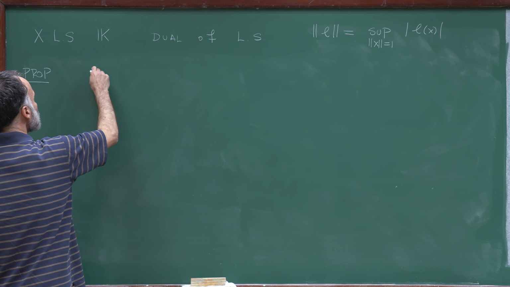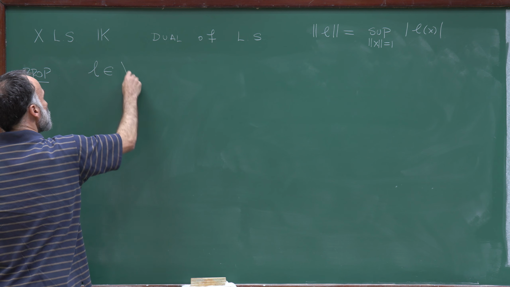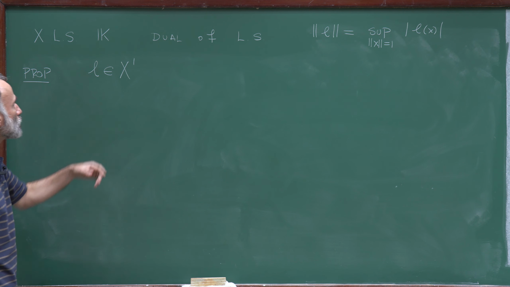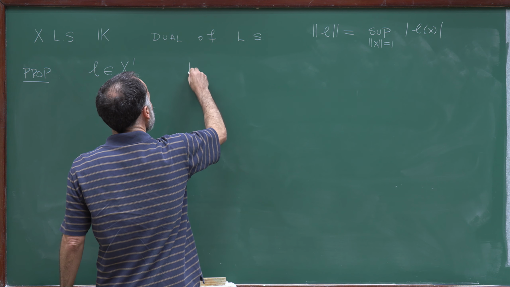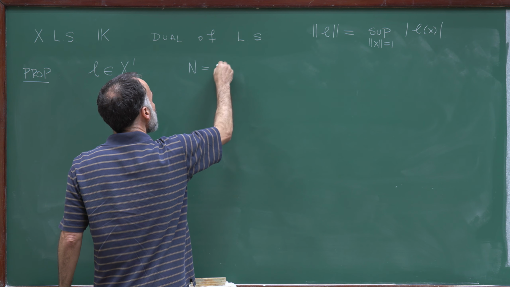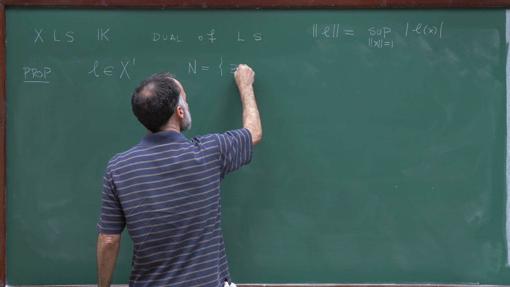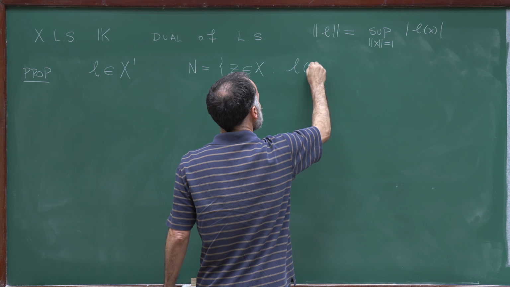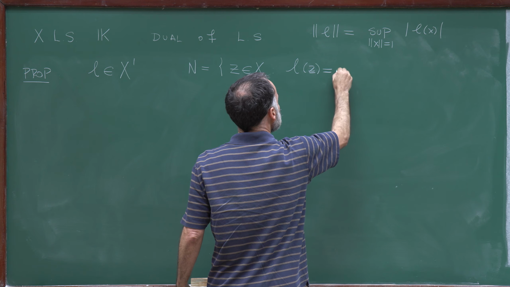So the first proposition relies on the definition. If I have L, a bounded linear functional, an element of the dual space, I will define the null space of this linear functional as the set of all points z in X such that L of z is equal to 0.